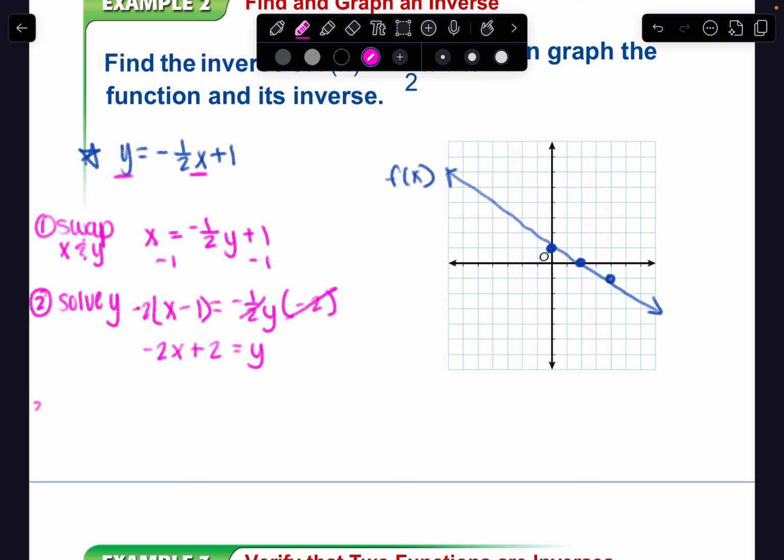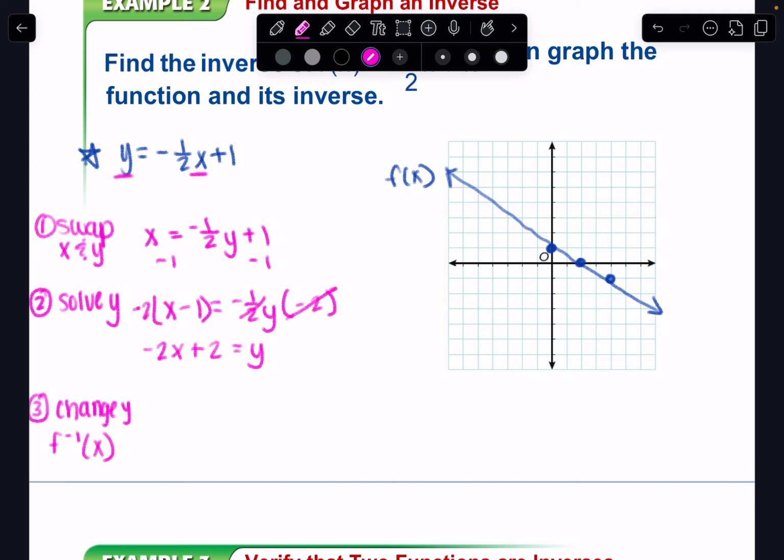The last step of your process is to change your y to f negative 1, or f to the power of negative 1 of x. Your original function is given to you as f of x. F of negative 1 of x is just the shorthand version to be able to say this is an inverse function.